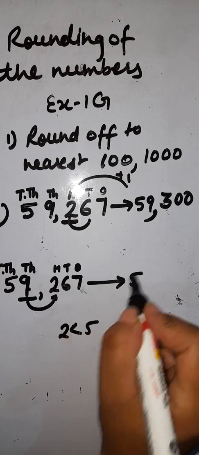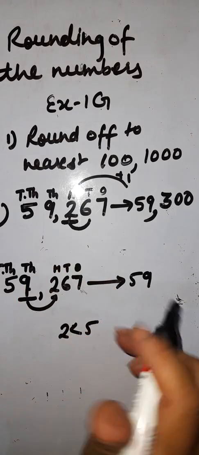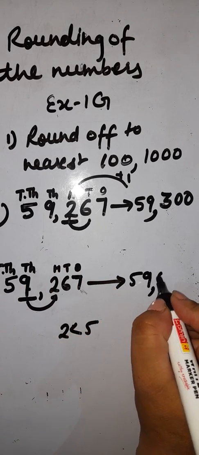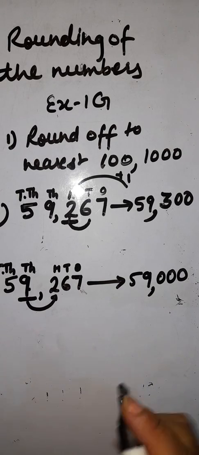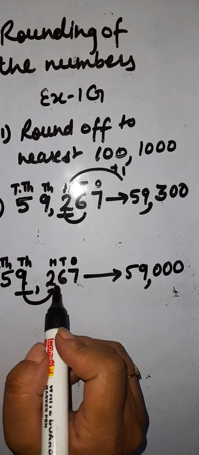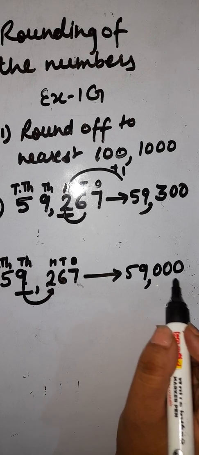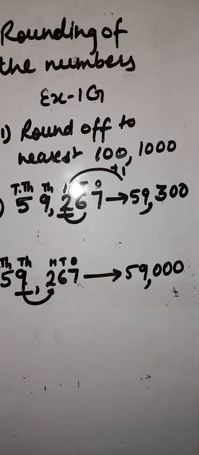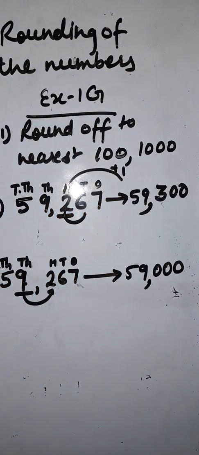We will write the number as it is, 5, 9, and the next 3 digits will convert into 0. So it will become 59,000, rounded to the nearest thousand.